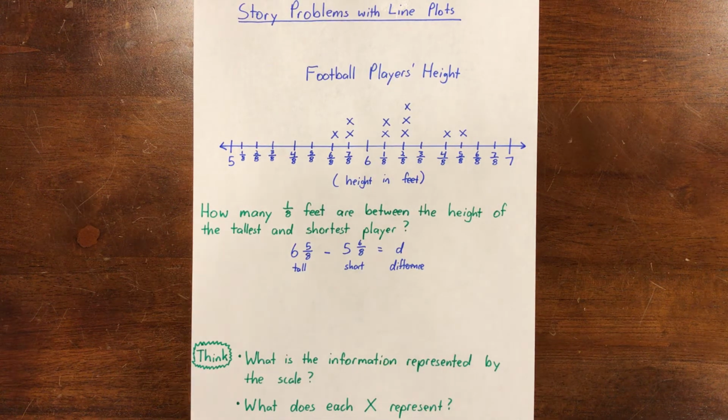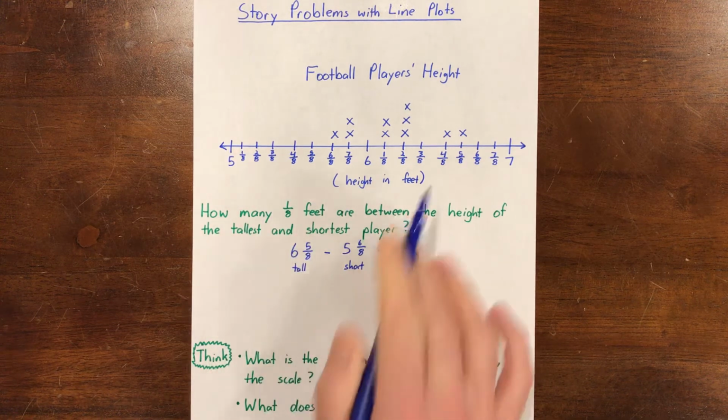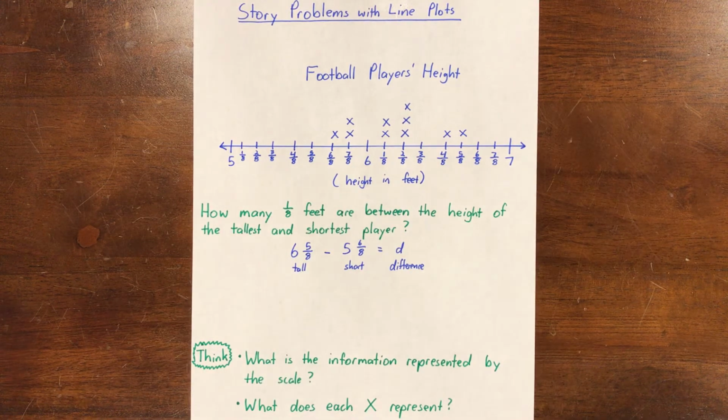Okay, so how could we actually go ahead and solve this problem using the line plot? Say it out loud. Yeah, we could actually count how many 1/8 intervals there are between 5 and 6/8 and 6 and 5/8.